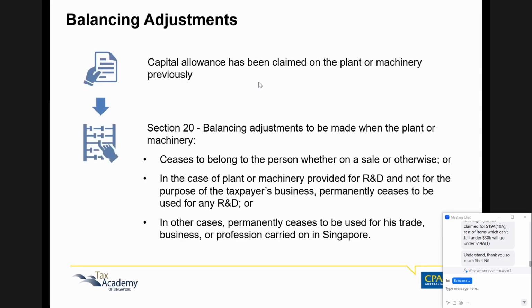Okay. Now I move on to balancing adjustments. Capital allowance has been claimed on the plant and machinery previously.